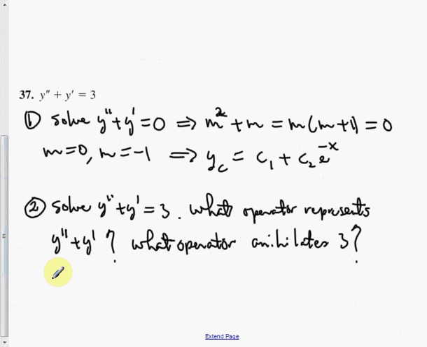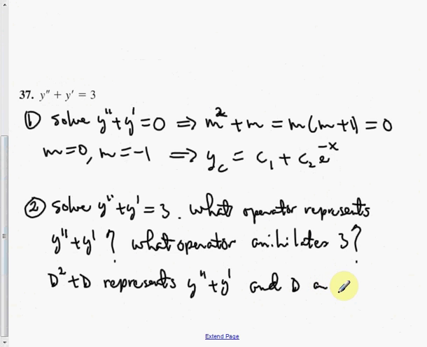All right. So here, D squared plus D represents y double prime plus y prime, and D annihilates this 3.